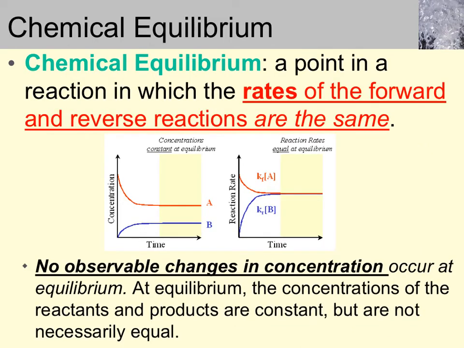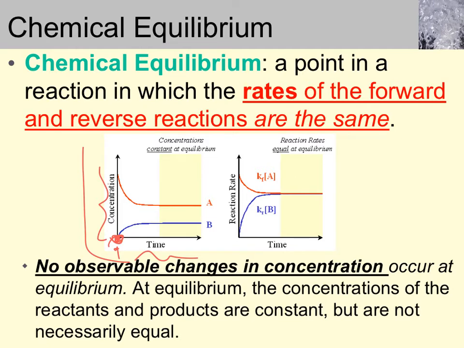There are a couple of graphical representations of equilibrium, which you should get familiar with. The first one is a plot of concentration versus time. Now notice that B would represent the product because concentration of the product at time 0 is 0, right? You have no product to begin with typically.